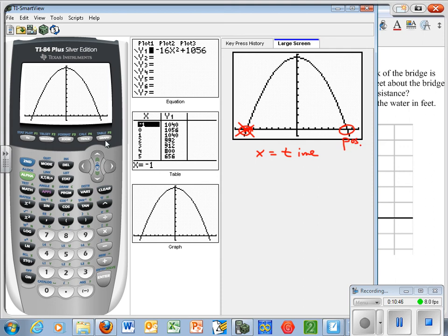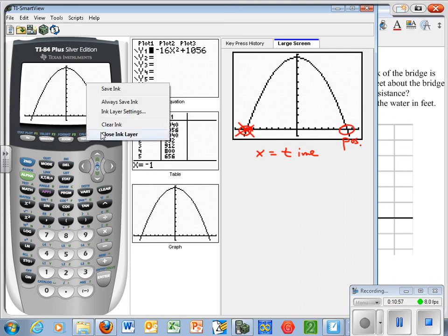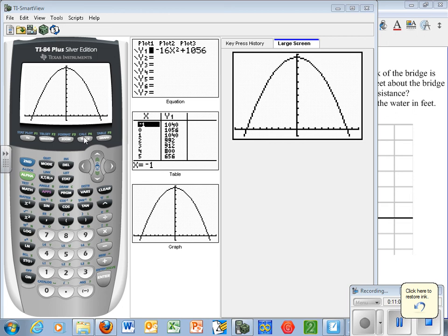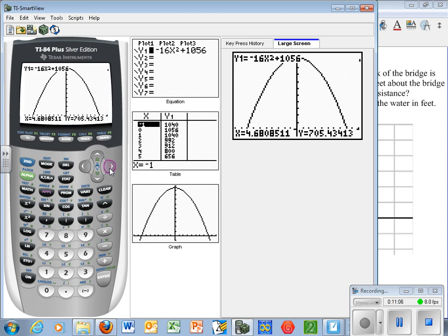If you actually trace, and we're going by ones across the x-axis, which is the t-axis in this case, if you actually trace that, okay, or if I hit my trace button, I got to close out my ink layer there, but if I hit trace, and I actually scroll over and follow this down with my right arrow, you can kind of see where we're at here. Let's go back one. Now it's not exactly, but basically it's at 8 seconds.